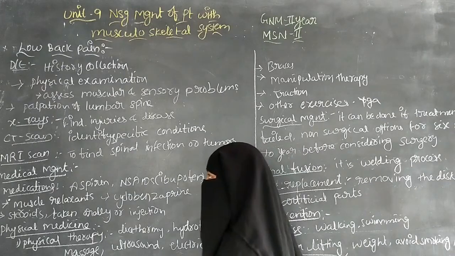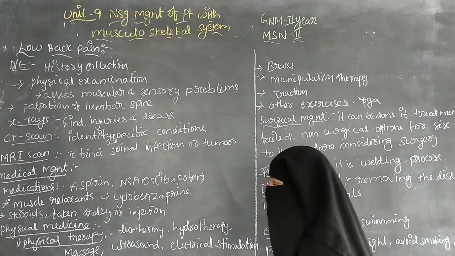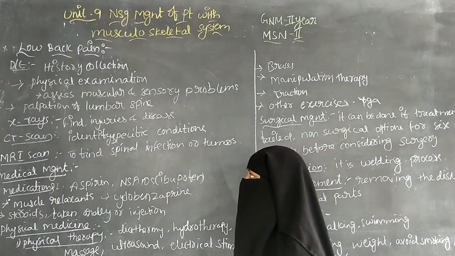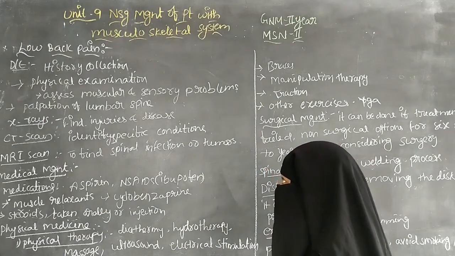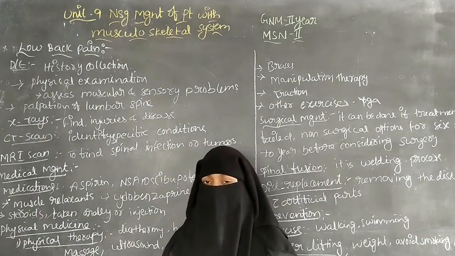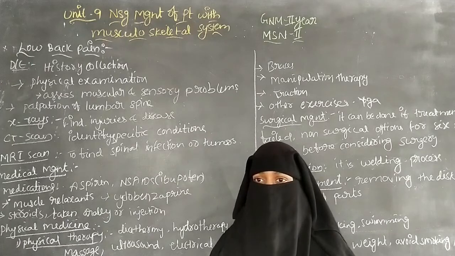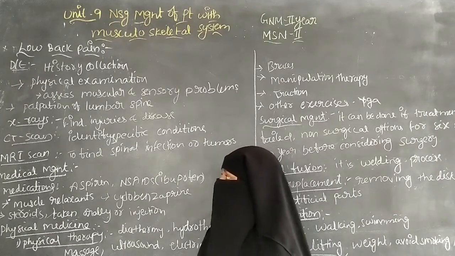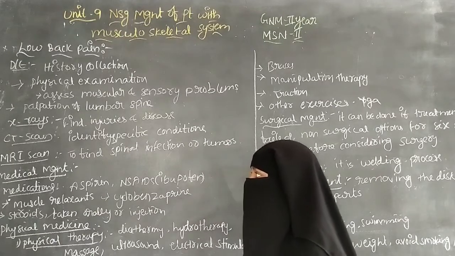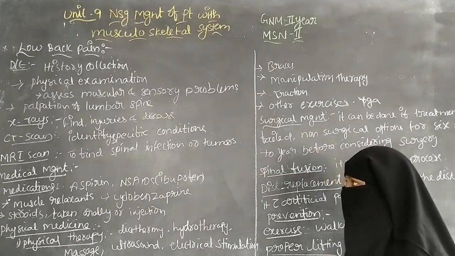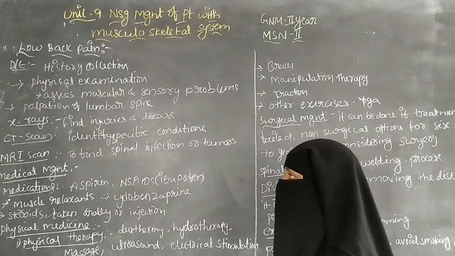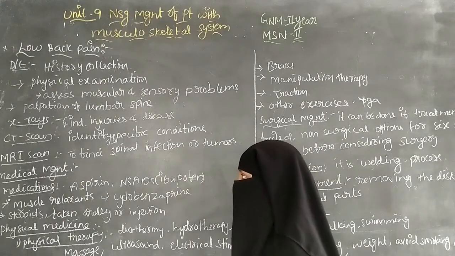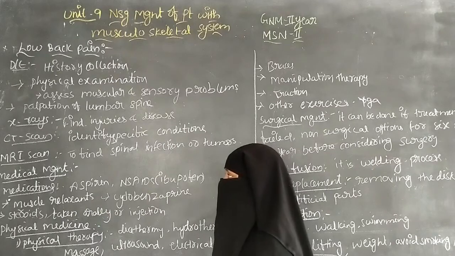And next one is CT scan. CT is computed tomography and it can be used to identify specific conditions, like tumors or bone cancer. And next one is MRI scan.